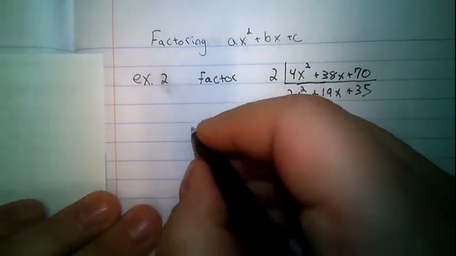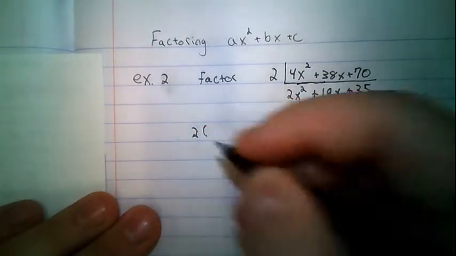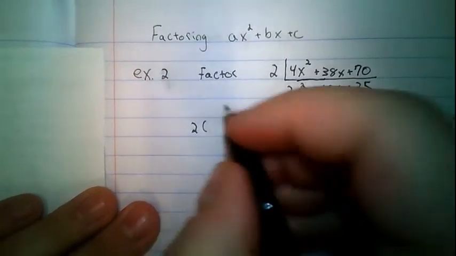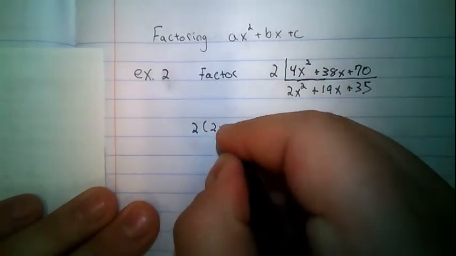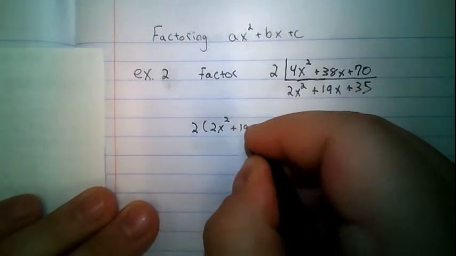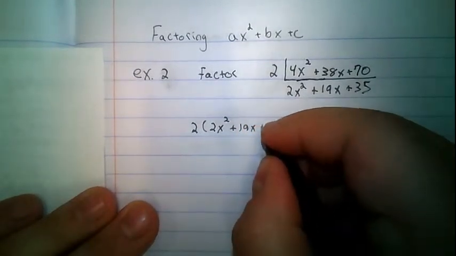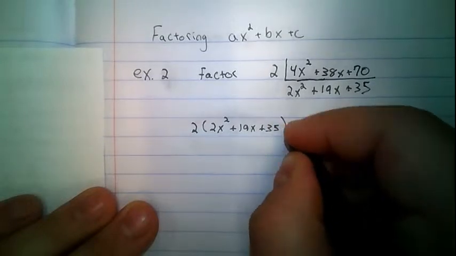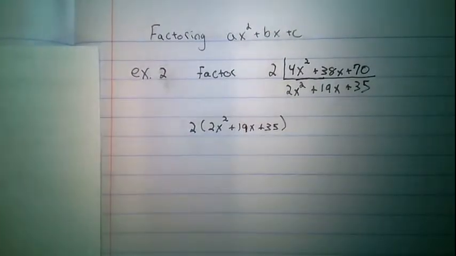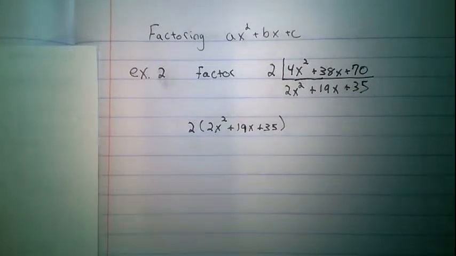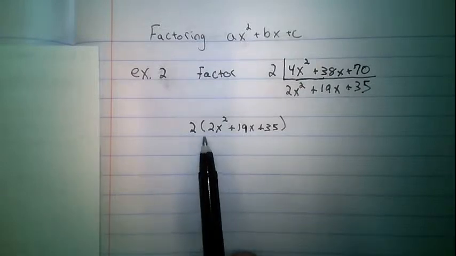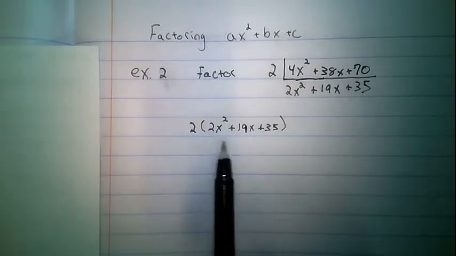That means that my new quadratic is 2 in parentheses, and then on the inside, what I have left over, 2x squared plus 19x plus 35. So now I want to go ahead and factor that. I still can't use the x puzzle because I have a number in front of the x squared, so I have to use my slide and bottoms up method.